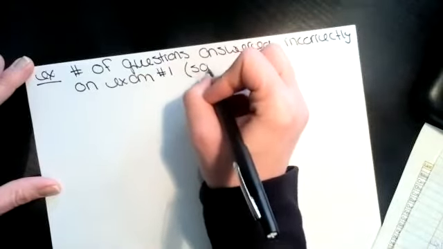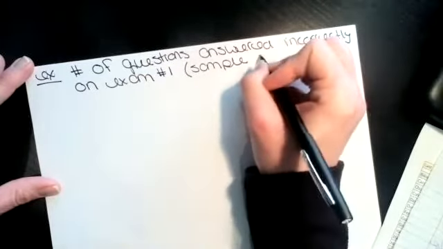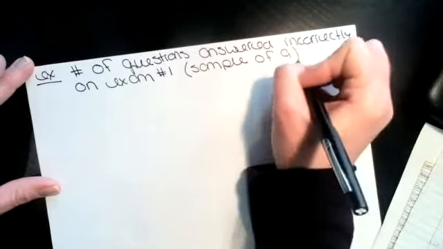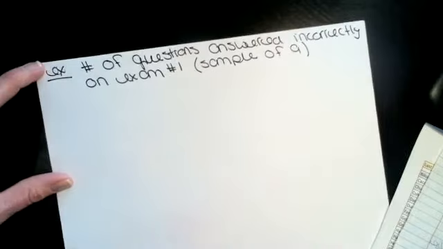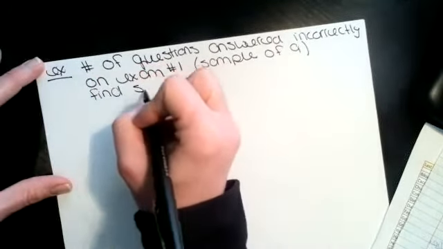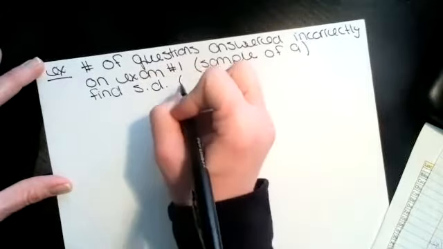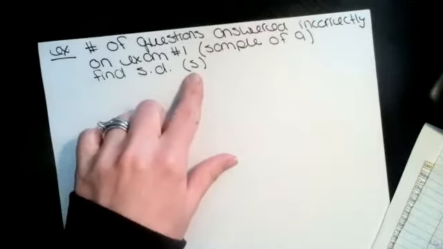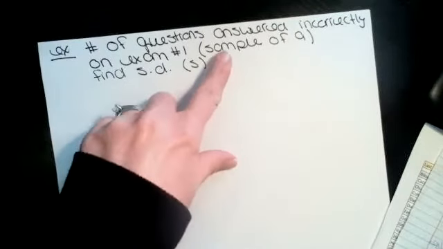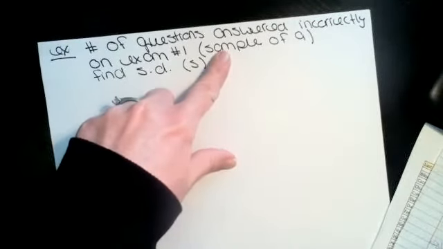And what I did was I took a sample of 9 students. Okay. So I want to calculate the standard deviation. So I want to find the standard deviation, which we're looking for S here, because that is my sample standard deviation, and we're studying a sample of 9 students.